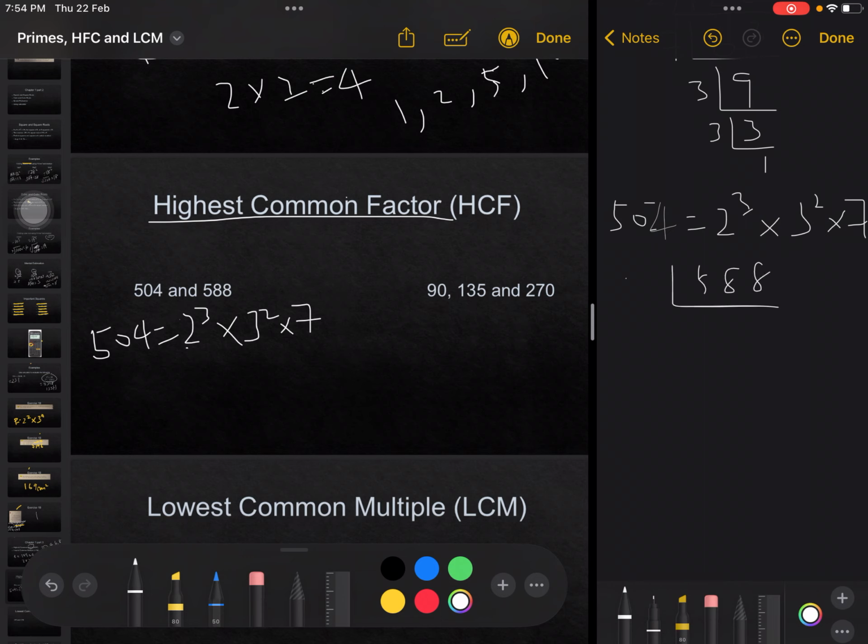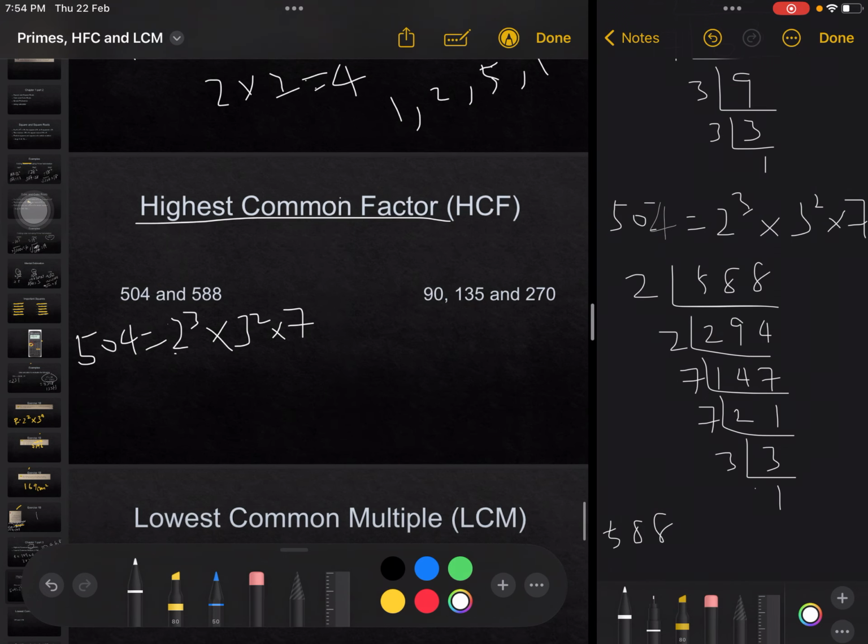Now we do 588. Again divide by 2, so we have 294. We divide by 2 again, so 147. Divide by 7, it will be 21. Divide by 7 again, we have 3, then divide by 3, we have 1. So 588 equals 2 to the power 2 times 3 times 7 to the power 2.